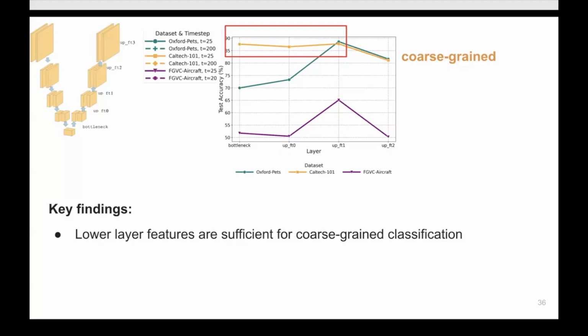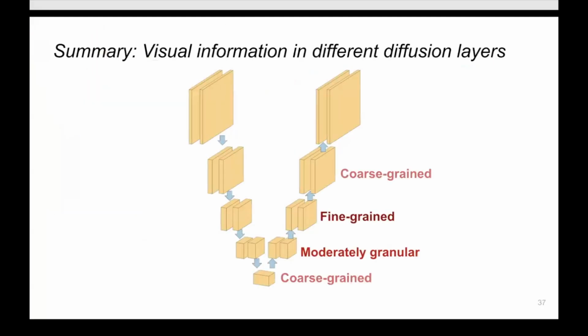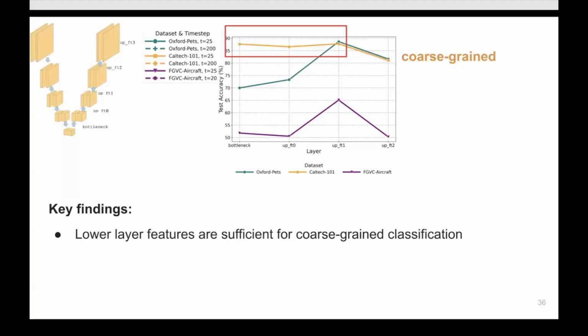Are you looking at the outputs of the blocks, or at what people would refer to as the residual stream? We were using the residual outputs, so X plus f of X. Something we mentioned earlier: for Caltech, ImageNet and other datasets, upfeed 1 overall does better, but the deltas weren't that high. So it's X plus f of X in the blocks.